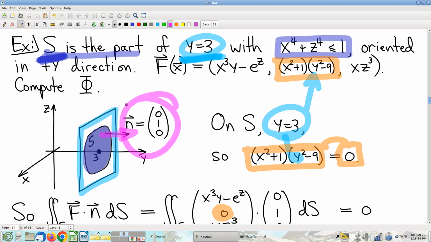Simple geometry, right? The plane y equals 3. The normal vector is parallel to the y-axis. Notice it says here, oriented in the positive y direction. That's why I know it goes that way and not that way. Everybody good?